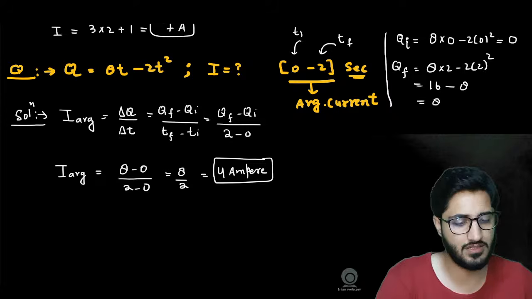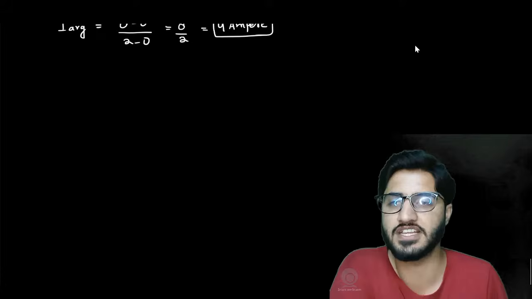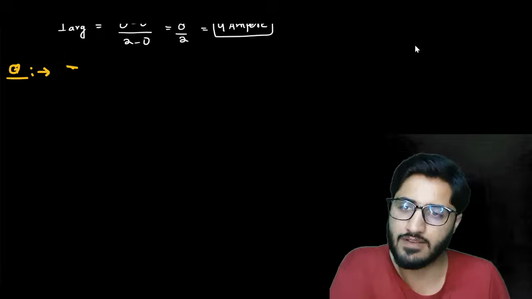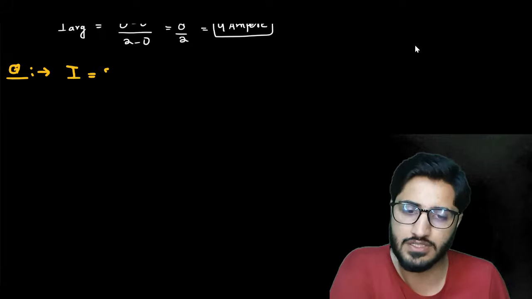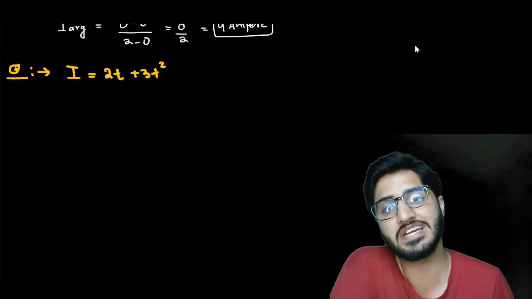Look how to get the charge. One more question: my equation of current is given as 2t plus 3t square. That means current is time varying.